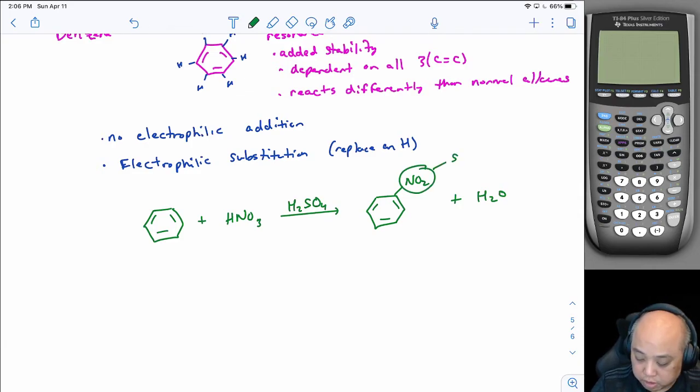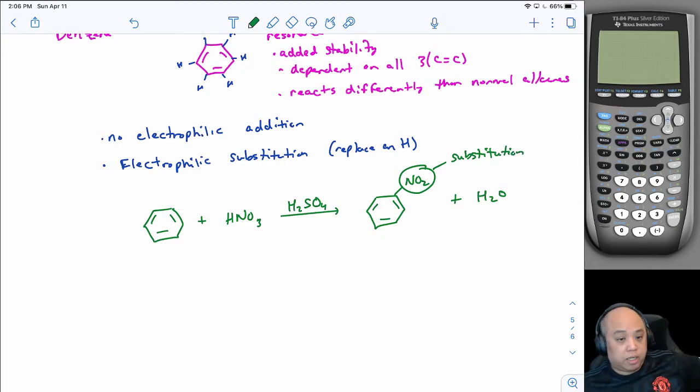So your substitution. And that substitution is what makes benzene able to be more reactive and combine with other things. But you can't just add something to the double bond like you would with a normal alkene because of the stability of the ring structure here.